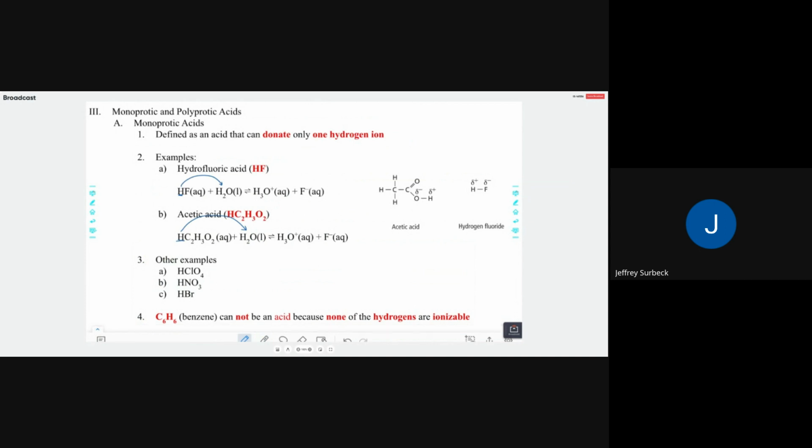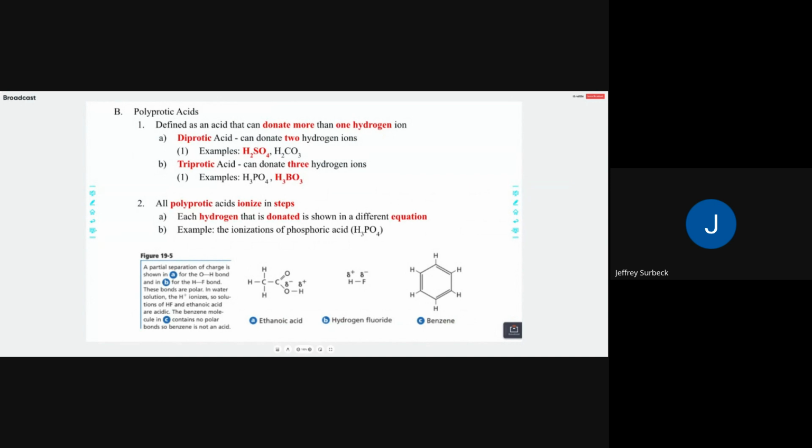If we have things that can only donate one hydrogen, we can also have chemicals that can donate multiple. And this is what we call a polyprotic acid. A polyprotic acid can donate more than one H. This only happens in a couple of our acids here.